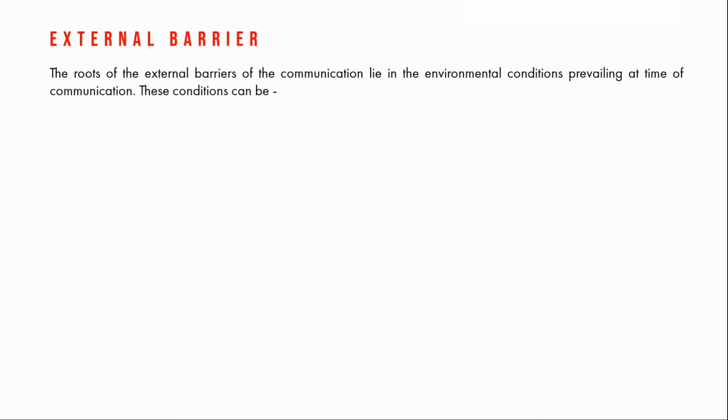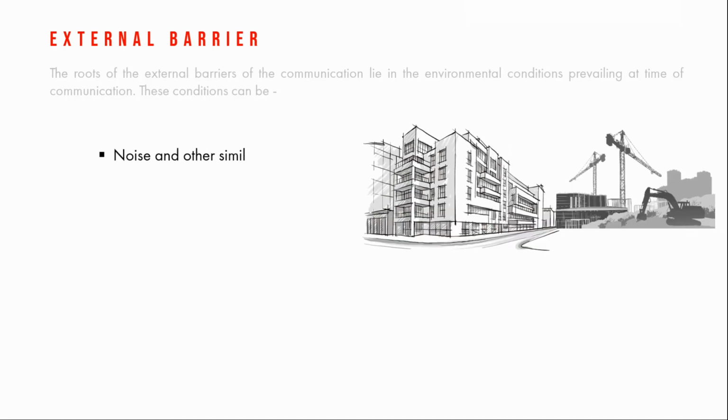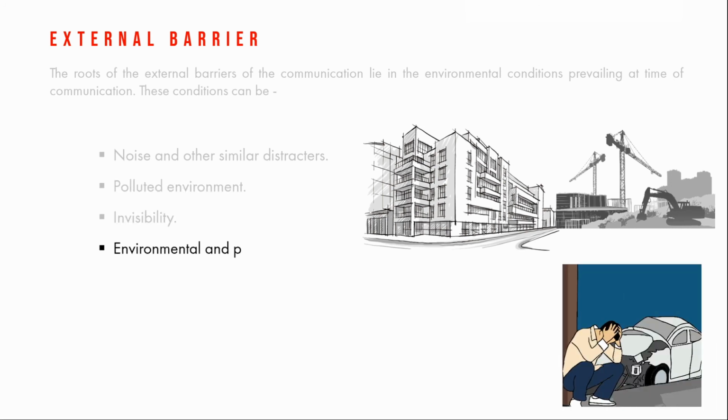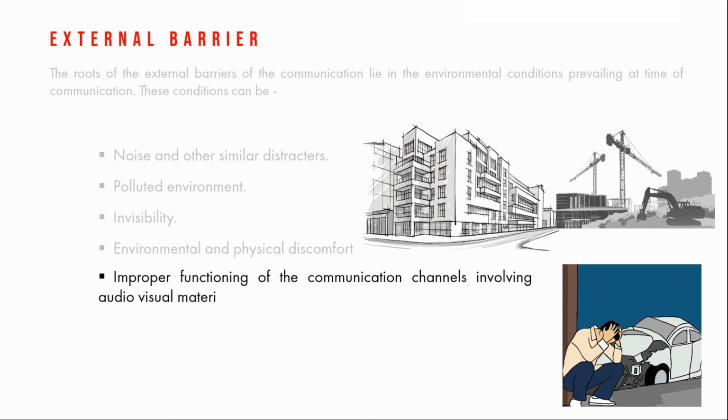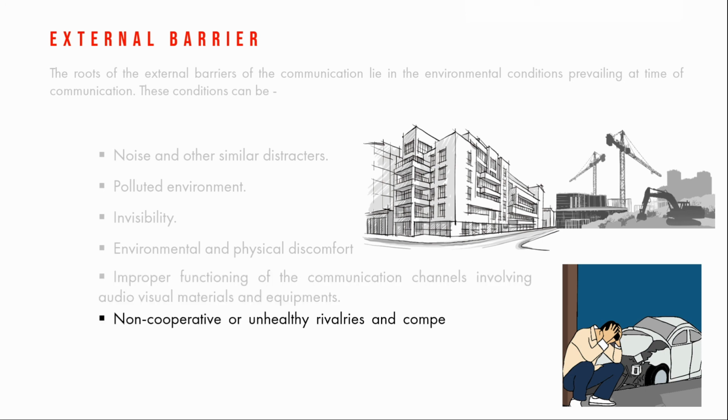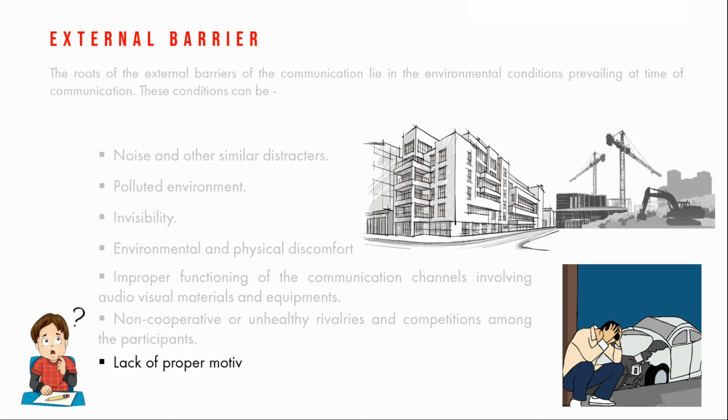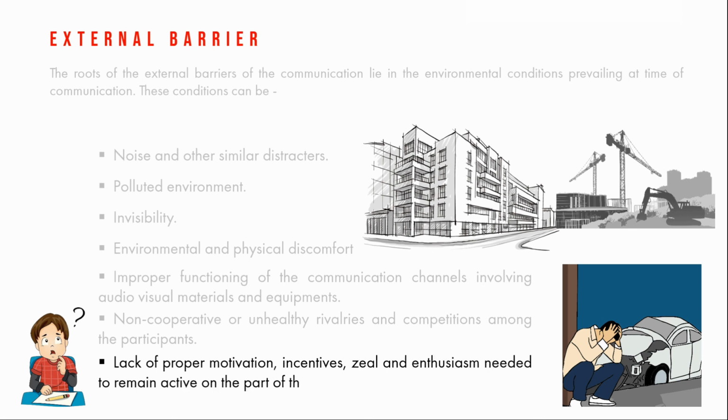These conditions can be noise and other similar distractors, polluted environment, invisibility, environmental and physical discomfort, improper functioning of the communication channels involving audiovisual materials and equipment, non-cooperative or unhealthy rivalries and competitions among the participants, lack of proper motivation, incentives, zeal, and enthusiasm needed to remain active on the part of the sender and the receiver.